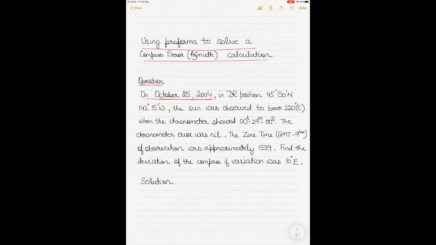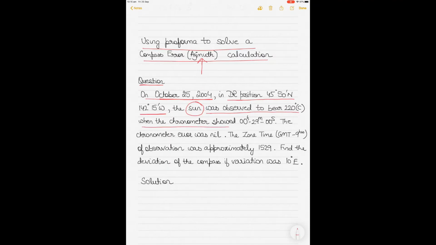It's pretty much the same irrespective of what year of question you're doing. So you have the DR position, or the dead reckoning position, of 45 degrees 50 minutes north and 142 degrees 15 minutes west. The celestial body is Sun, and it was observed to be at 220 degrees compass. We'll be using the azimuth method of compass error calculation, just to make it very clear.